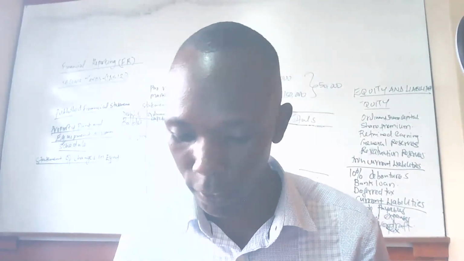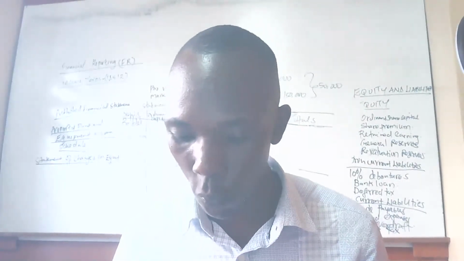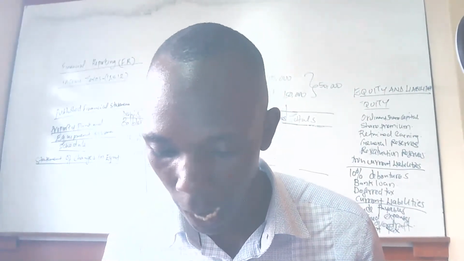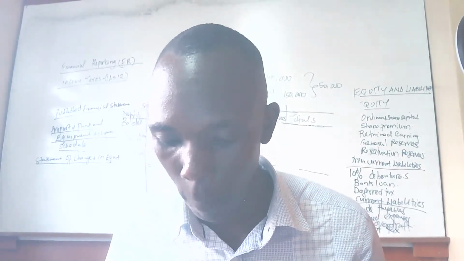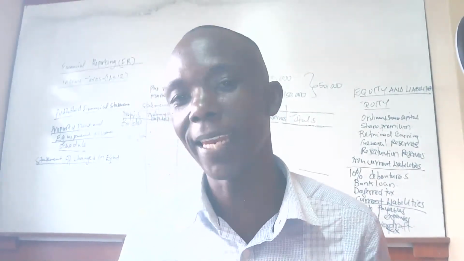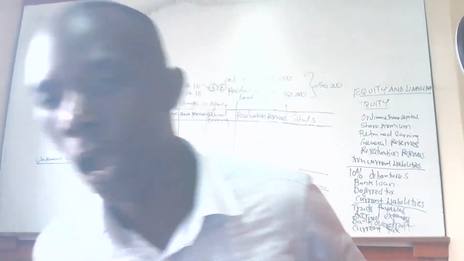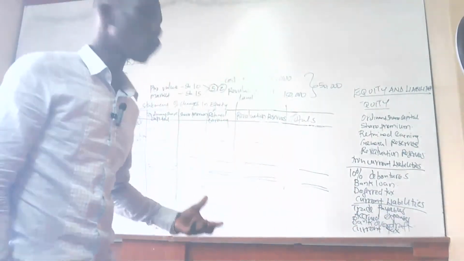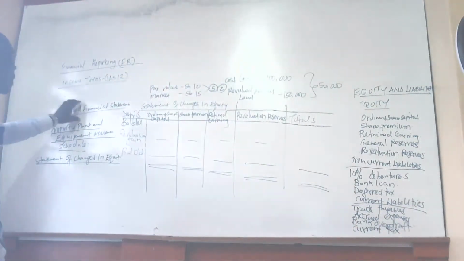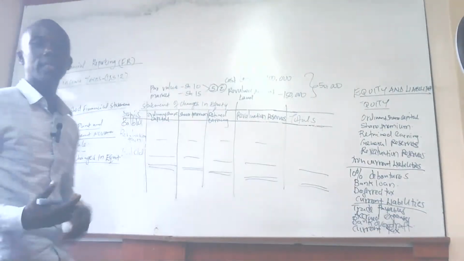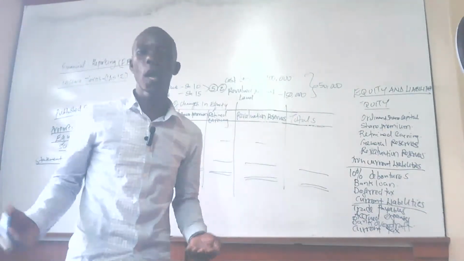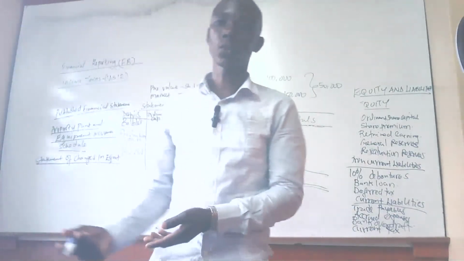Other than the specialized transactions, we are also going to discuss how to prepare group financial statements. So once you know how to prepare the published financial statements, it is going to be easy for you to prepare a group financial statement.